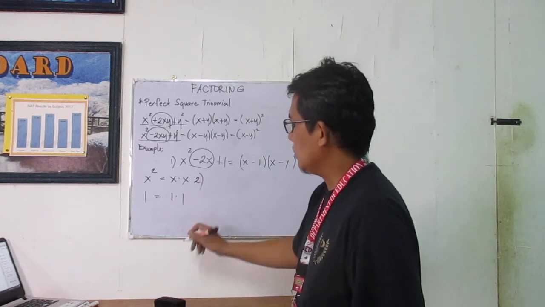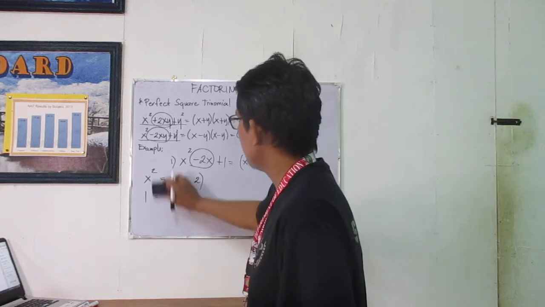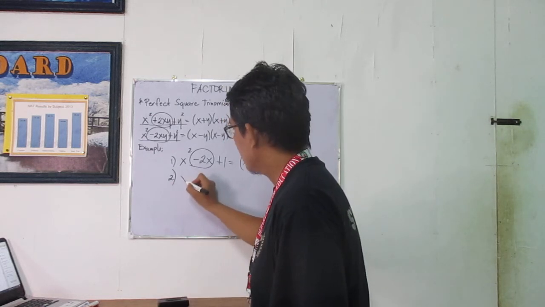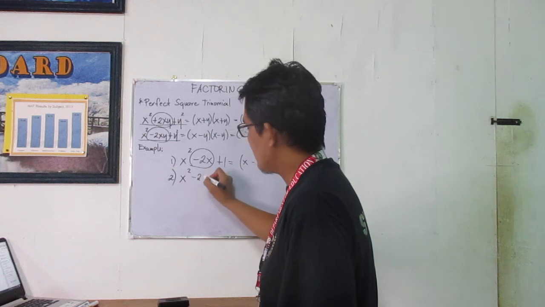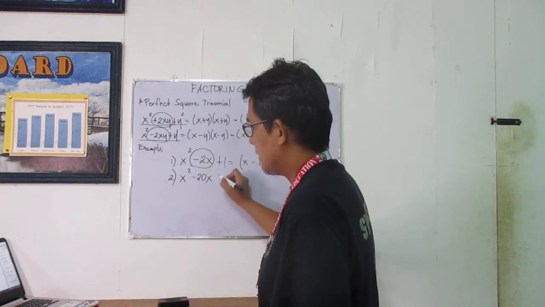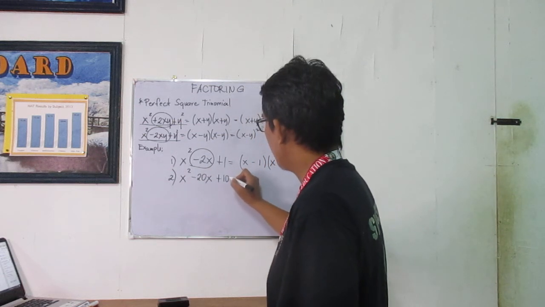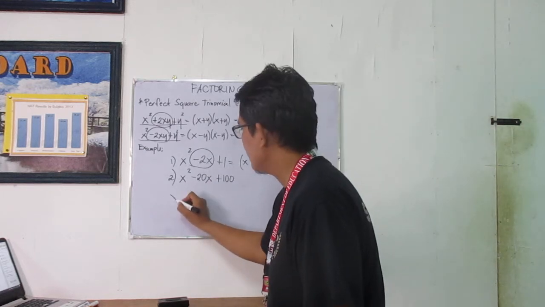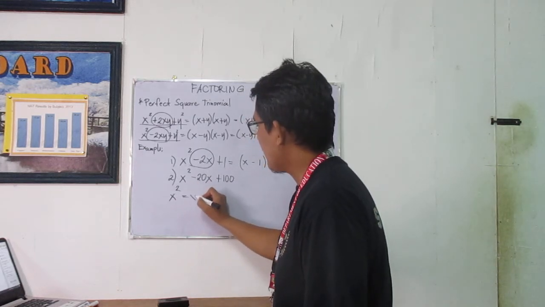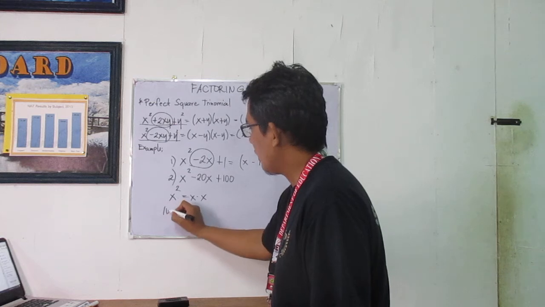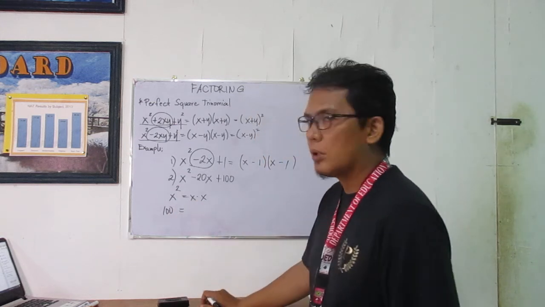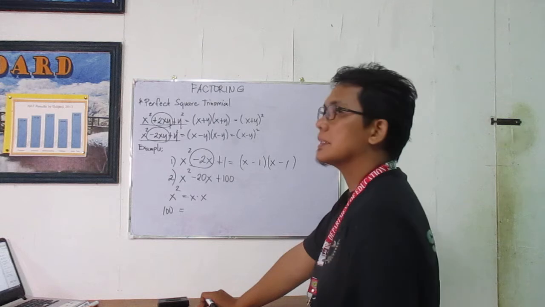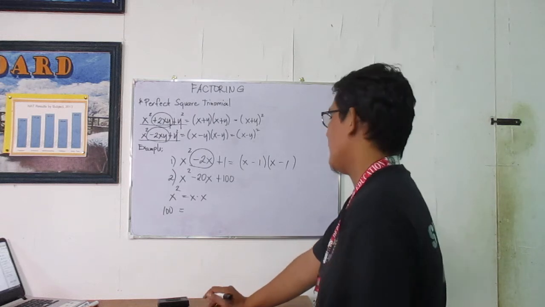And for our number 2, x squared minus 20x plus 100. Look for the factors of our x squared. Obviously, that is x times x. And for our 100, think of a number multiplied by itself. The answer is 100. That is, yes, 10 times 10.